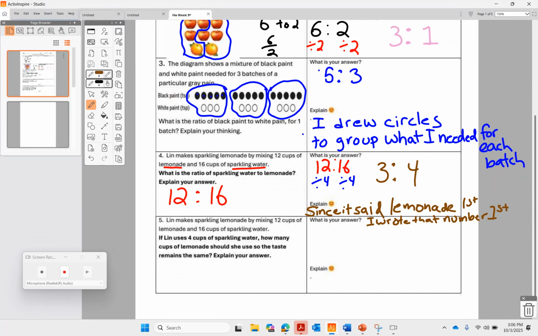Then it said sparkling water second, so I wrote that number.